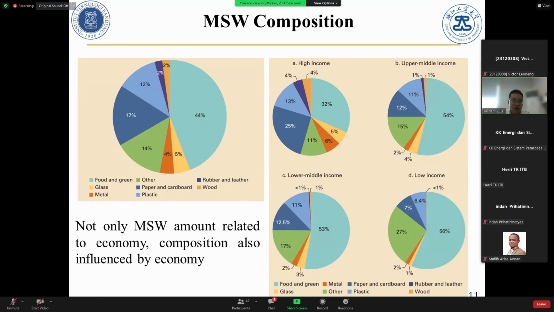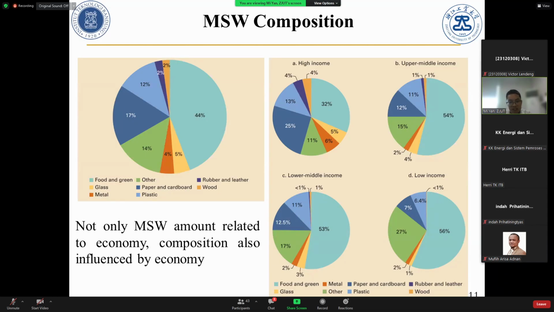Actually, the MSW composition is also influenced by the economics. Not only, as the last literature we mentioned, does the amount of generation depend on the economy, but the composition is also affected. Low income means the heat value is lower, more waste.